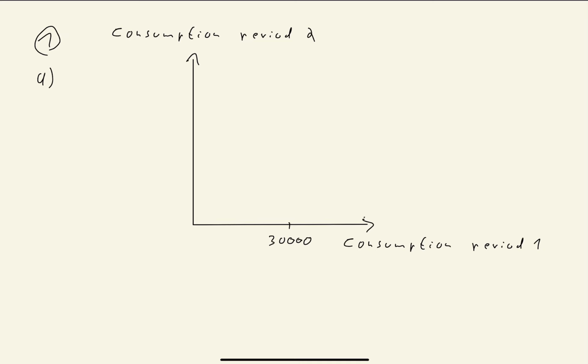Now, if we do not consume anything at all in the first period, and we take everything into the second period, we get interest on our earnings, and the interest rate is 10%. So what can we maximally consume in period 2? It's 30,000 times 1 plus 0.1, which is the interest rate, so 10%. And this is then 33,000.